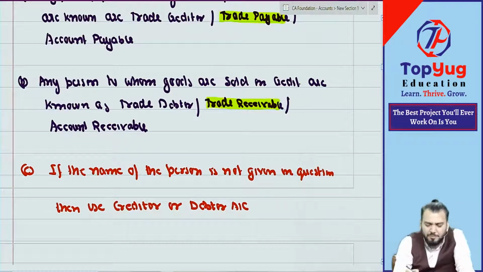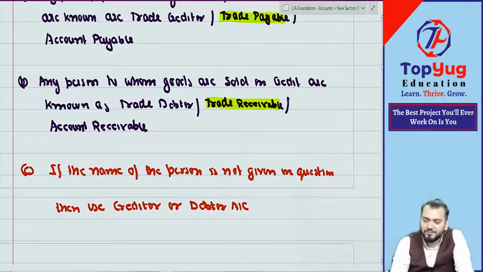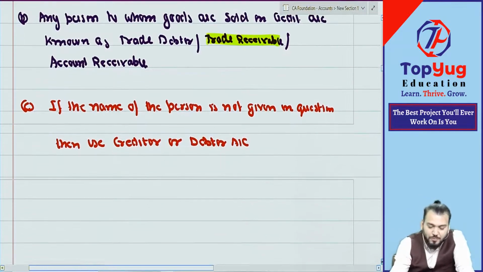This means you can also use trade payable and trade receivable account. Correct? You can use creditor or debtor account also if the name is not given. Yes, sir. This also you have understood.